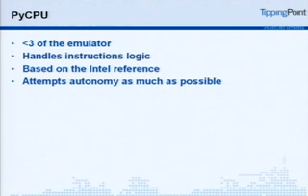PyCPU is the heart of the emulator. It handles instruction logic, as you would assume. I based it on the Intel reference as much as I could, and I even have the comments inside of the CPU actually copy and pasted out of the Intel reference. So if you want to go in there and look, it's all really unrolled, and I didn't optimize any of it.